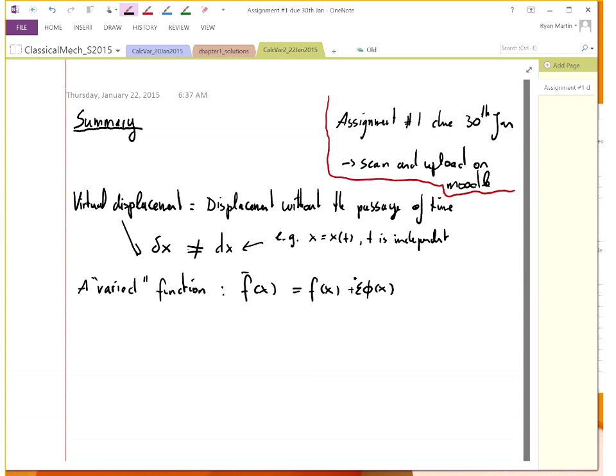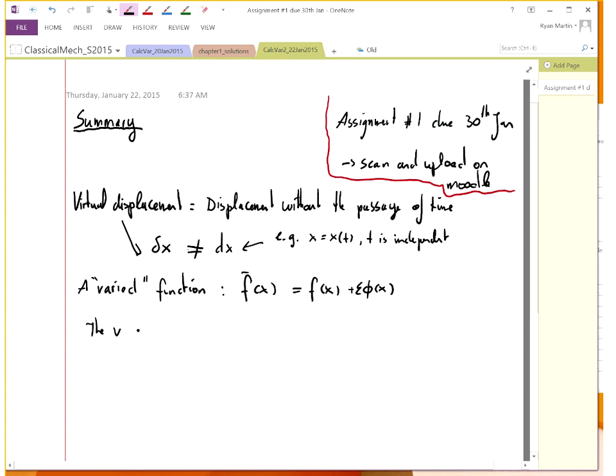Okay. So we introduce a varied function. So f bar is the function f of x plus some other function phi of x. And we have this epsilon in there that allows us to tune by how much we change f of x. And so we always care about when epsilon is small.